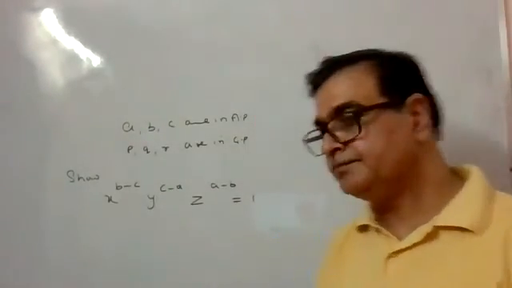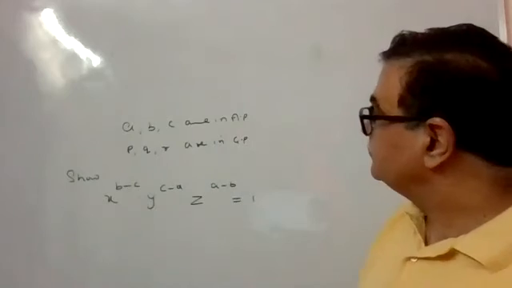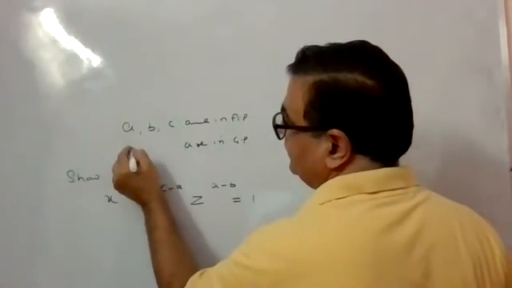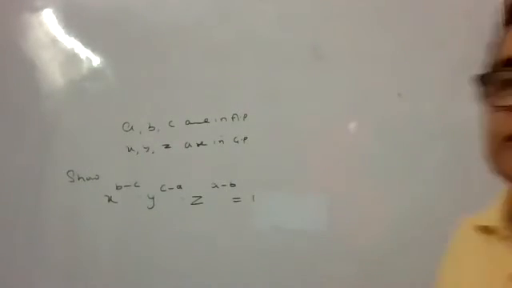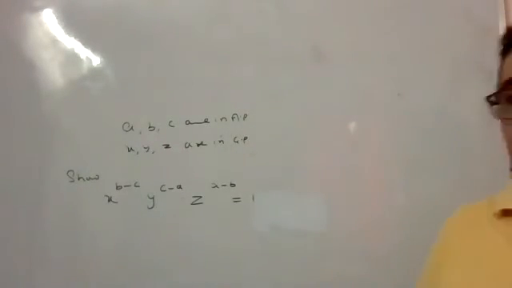Sir, x, y, z are in GP. Yes, sorry, I said x, y, z, I wrote it wrong. Correct the question, please. a, b, c are in AP, x, y, z are in GP.